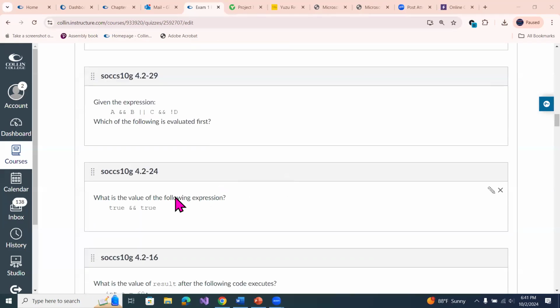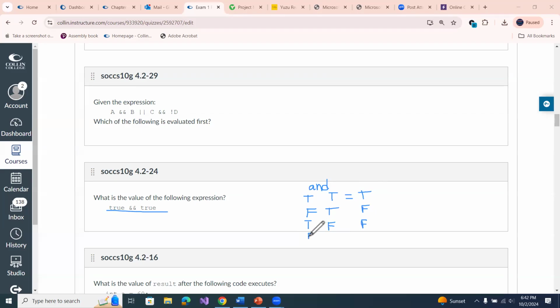Okay. What is the value of the following expression? So a true and a true gives you a true. The table for and is that everything is false unless you have two trues. So true and true gives you true. Everything else would be false. False and true gives you false. True and false gives you false.